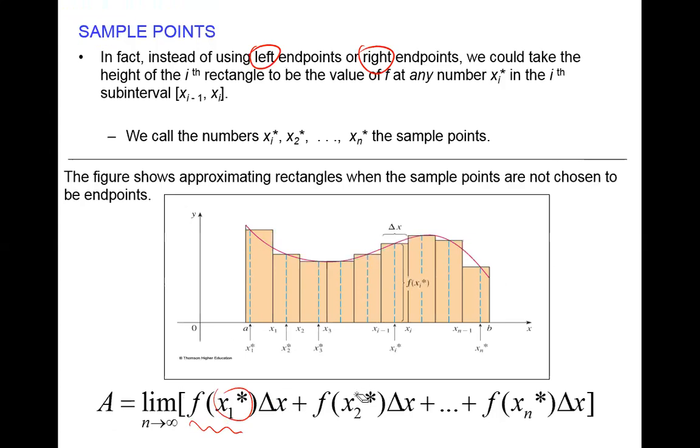Height times base, adding all of them together, infinitely many of them. Perfect approximation. But please note that we do have sample points other than the left and the right. The left and the right are the easiest ones, or even just the right, for infinity, is the easiest.